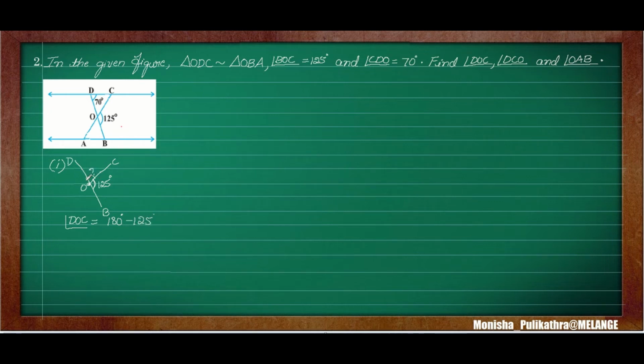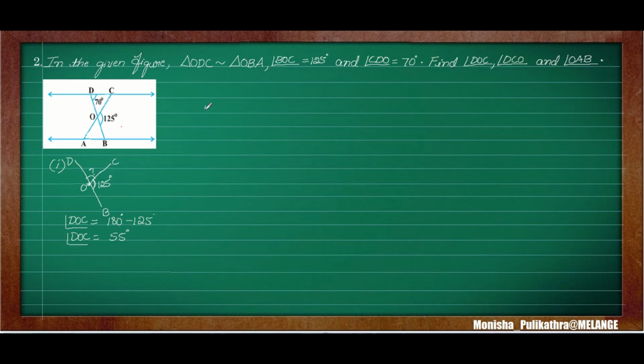Because since it is a straight line it has 180 degree. In 180 degree, they have given 125 already. So in order to get the remaining angle, we need to subtract 125 from 180. So angle DOC will become 180 minus 125. So angle DOC is equal to 55 degree. So this is the first case.